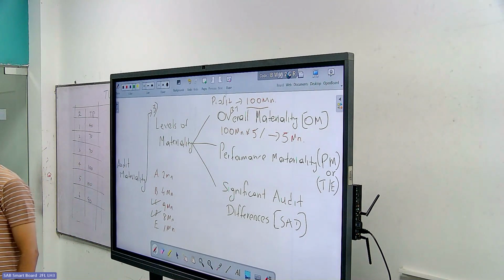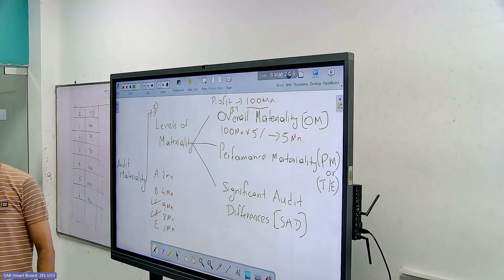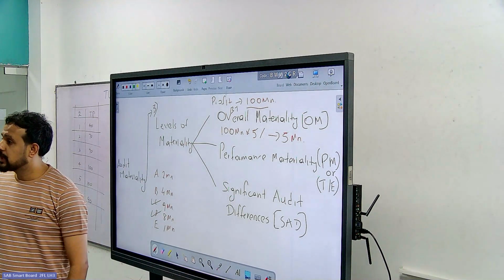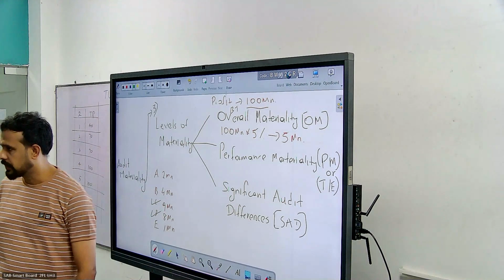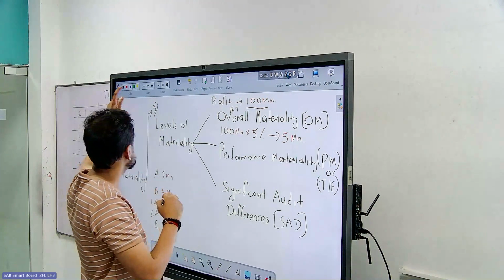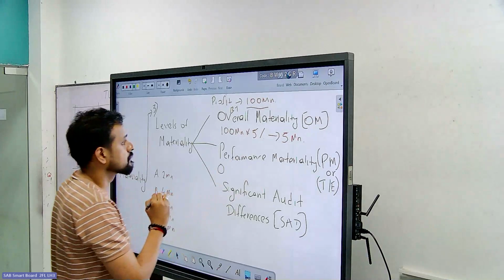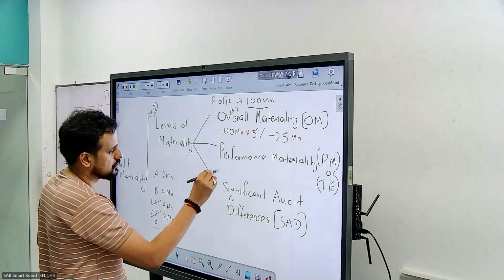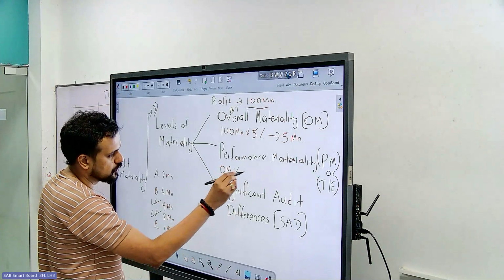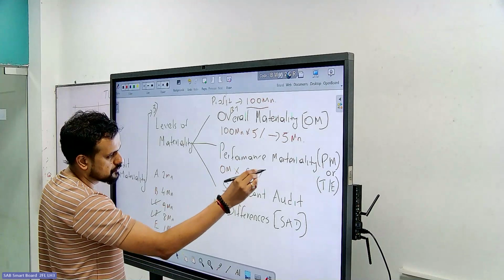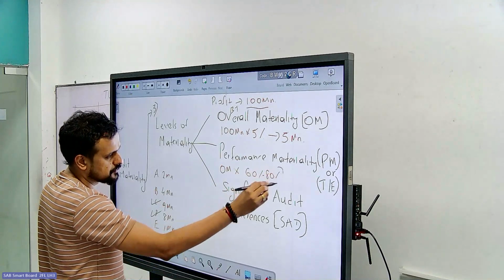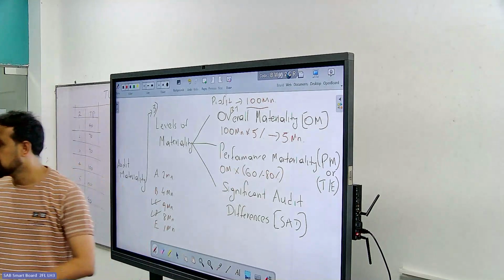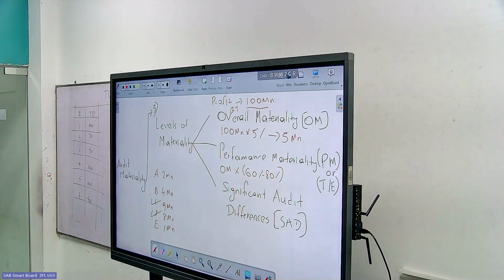Here, to mitigate this risk, the auditor will take another level of materiality called performance materiality. The auditor will take 60 to 80% of the overall materiality. While performing the audit, he should take another materiality level lower than the overall materiality level.